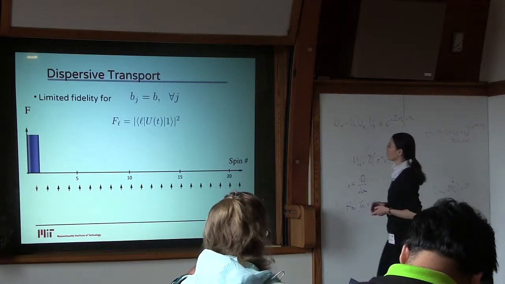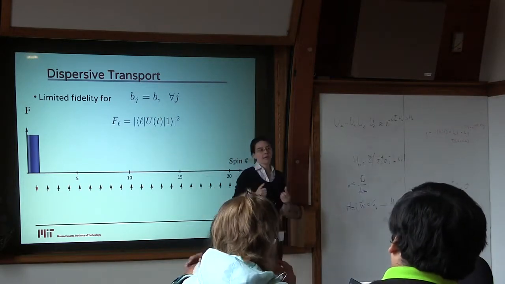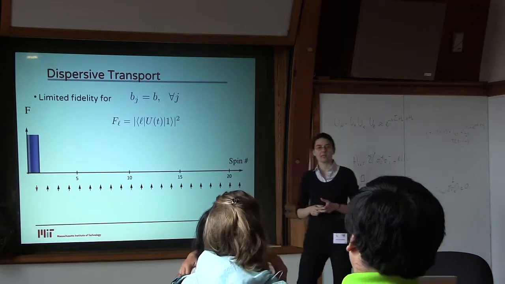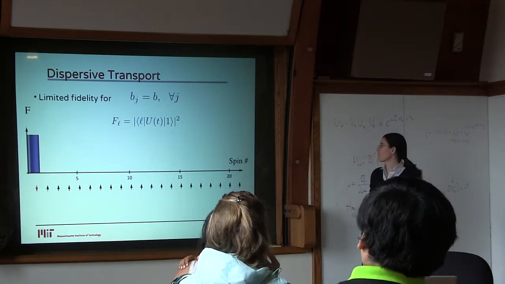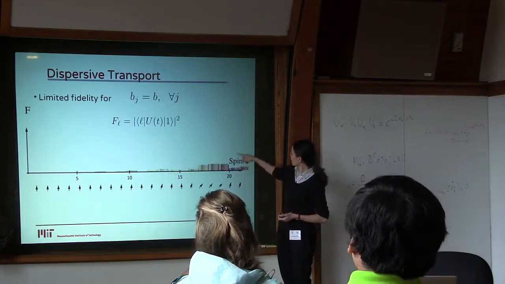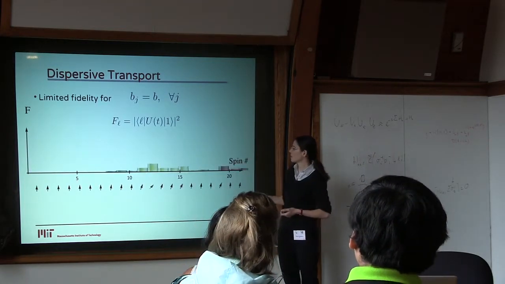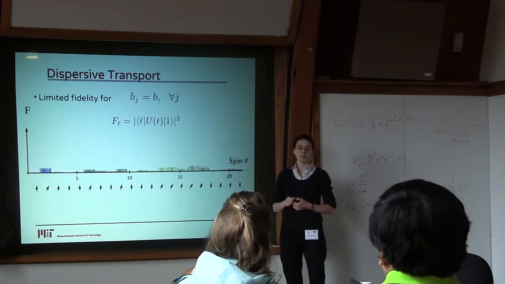Well, let's say that initially all my couplings are equal. So I can assume that all my spins are at equal distance from one another, so the coupling, which depends on the distance, will just be equal to each other. Then I do get some transfer. Here you see that some transfer is being achieved down to the last spin, but it's not perfect.